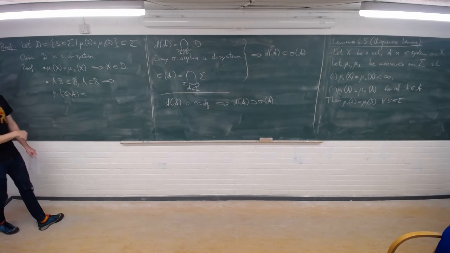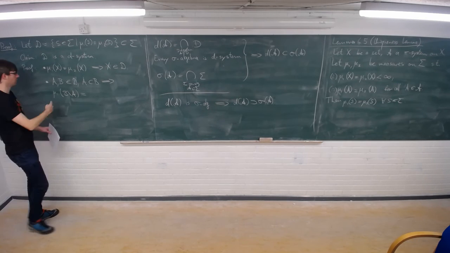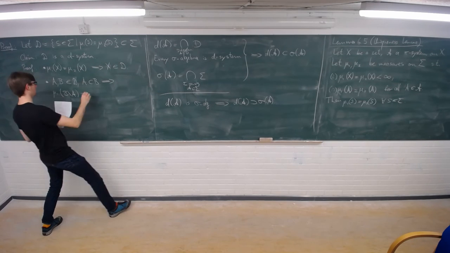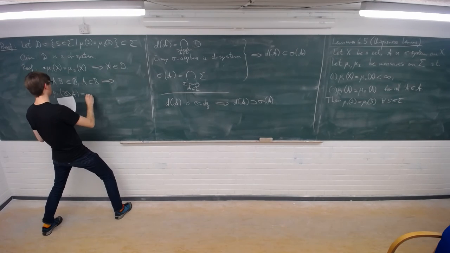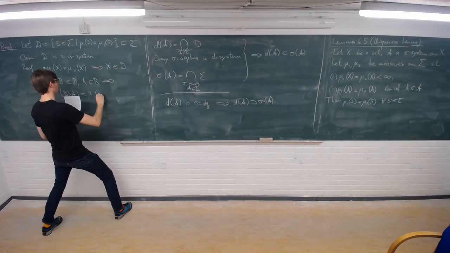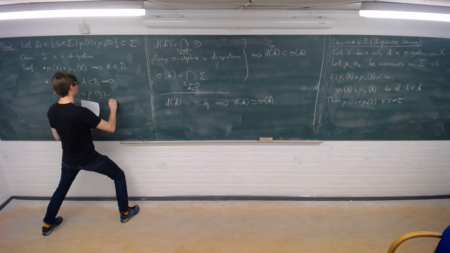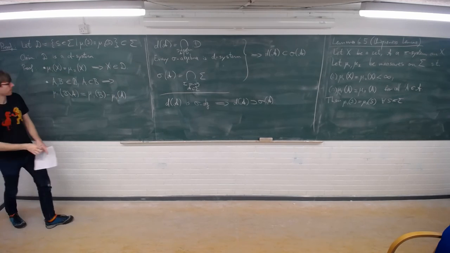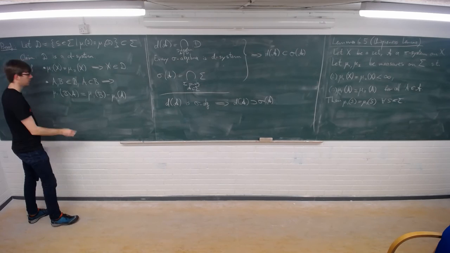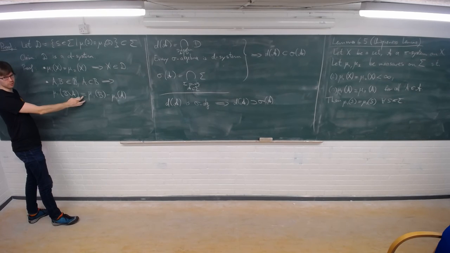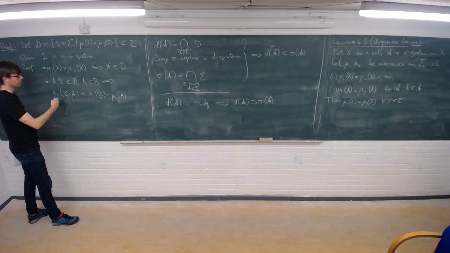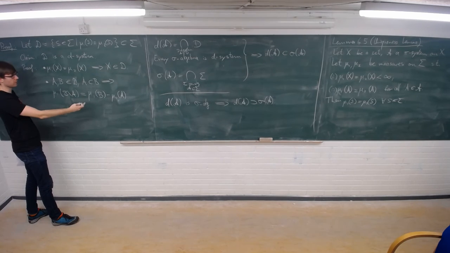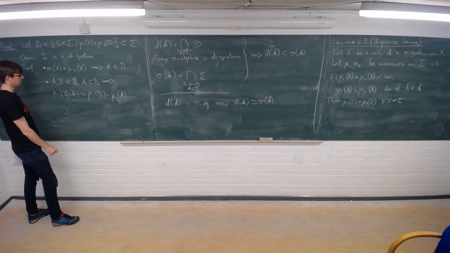Okay, but because mu1 and mu2 are measures, we know that mu1 of B minus A is the same as mu1 of B minus mu1 of A. But this equality is only true because mu1 is a finite measure, right?